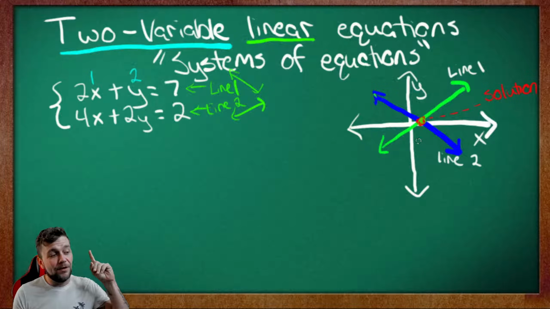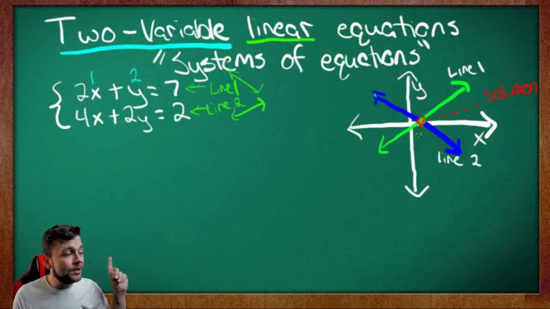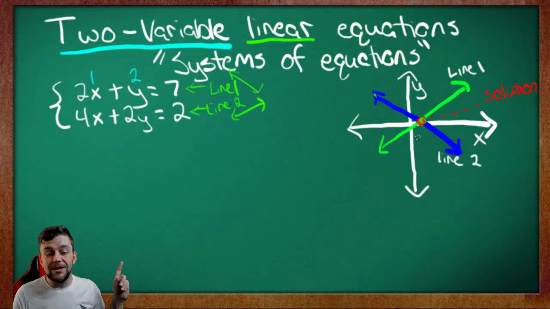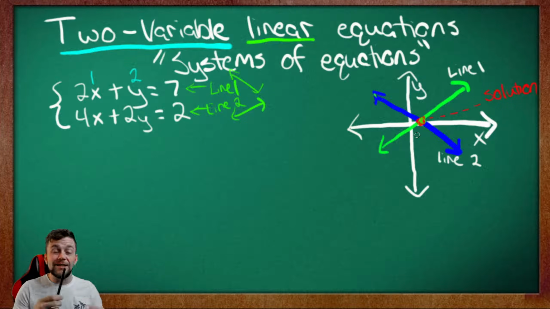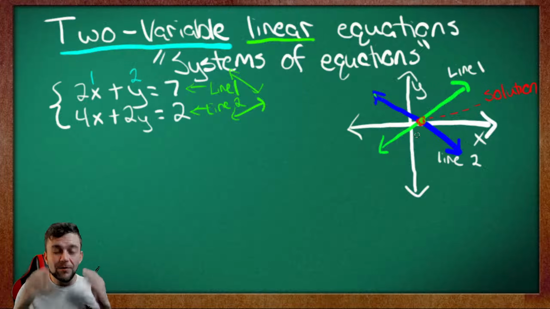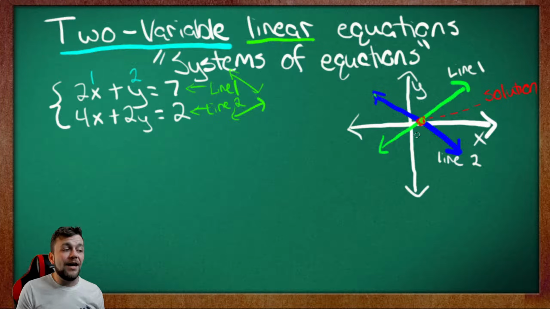We're trying to figure out the answer to this system of equations, and the answer to a system of equations is where the lines intersect. So to think about it, if we had 3 equations up on the board, how many lines would be on our graph? Most likely we would have 3 lines.